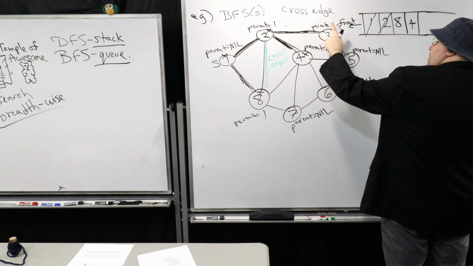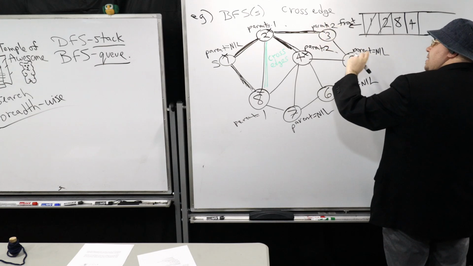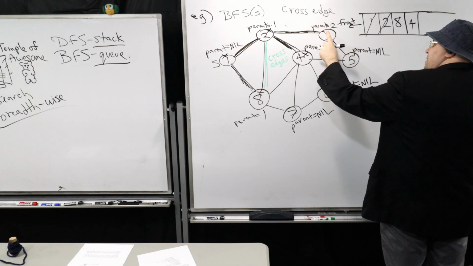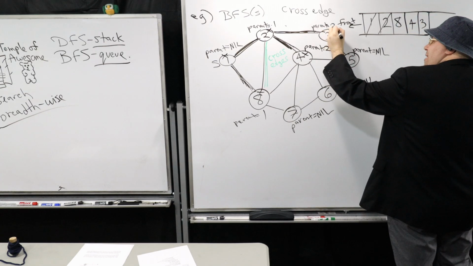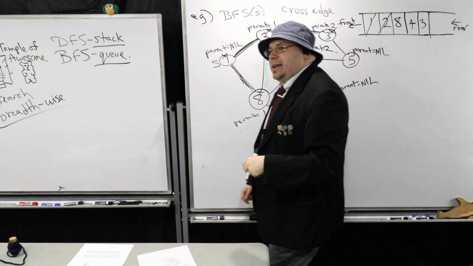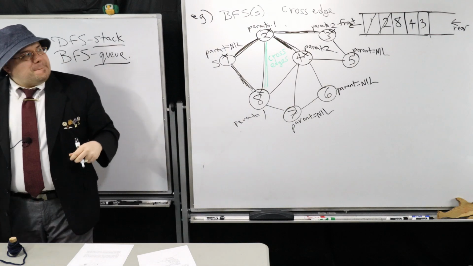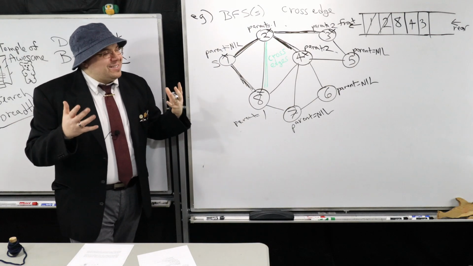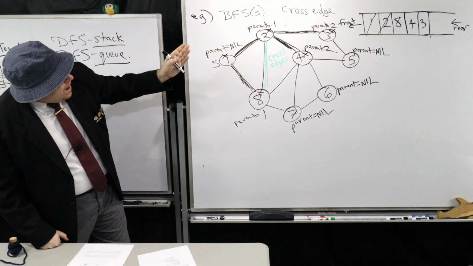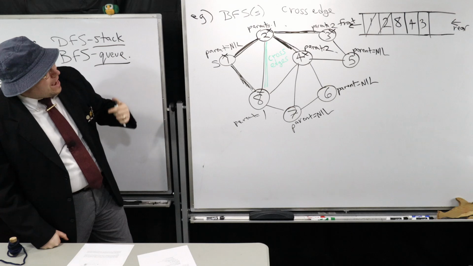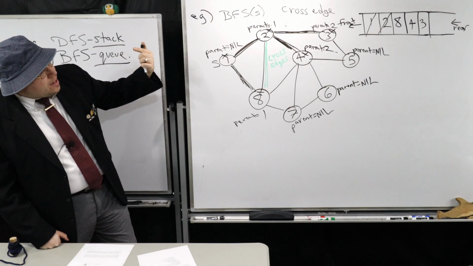I found a new parent for my tree. I NQ 3 and I mark it. If I am now doing this process again, what should I do next, everybody?